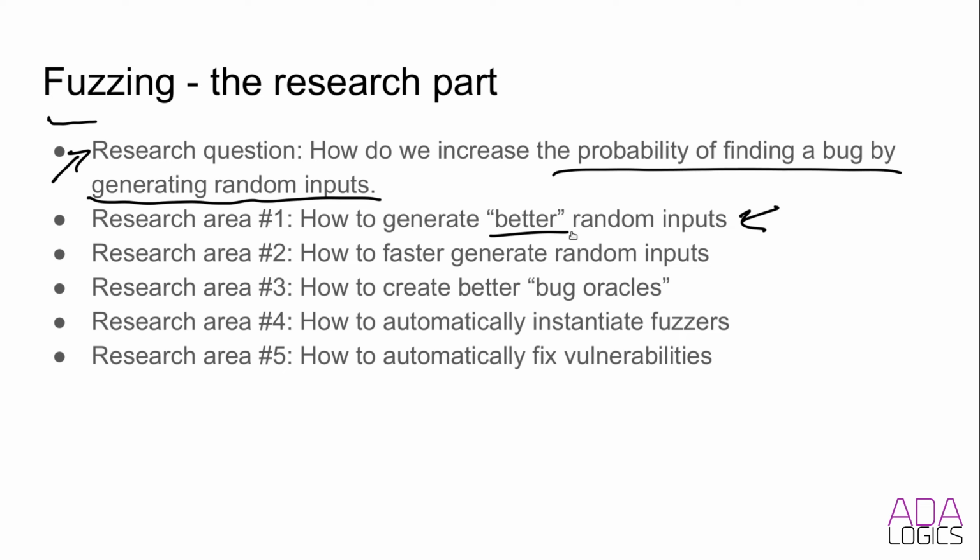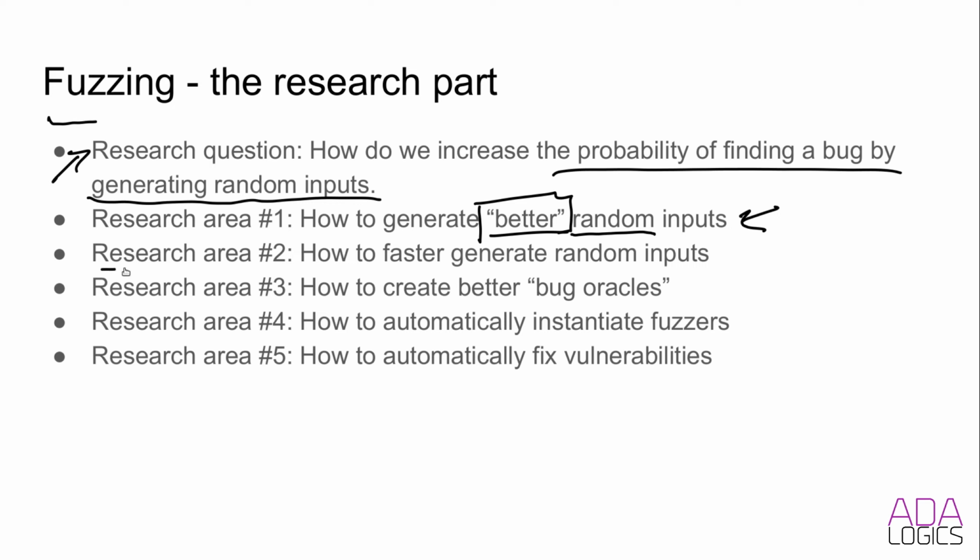For example, symbolic execution is a very important one that tries to calculate various types of input that each will execute a different part of the program. And in this research, how do we create better random inputs? Suddenly the random element will often disappear or be removed quite a lot, because you will start to create a lot of computation and calculations in order to determine good inputs.